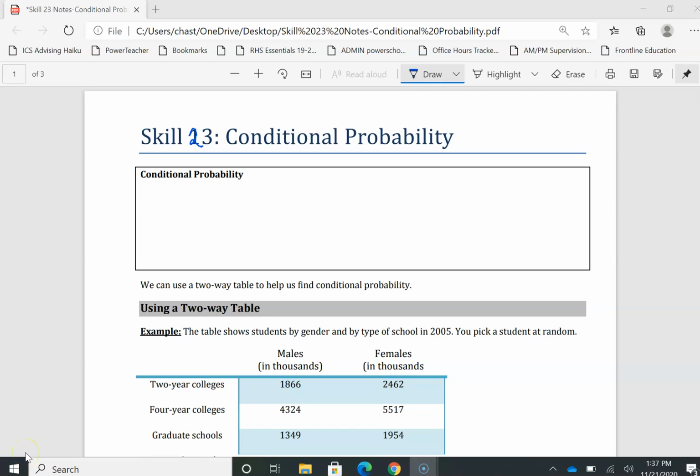This is Mr. Bear with Skill 23, which is conditional probability. So, we're going to start with a definition.